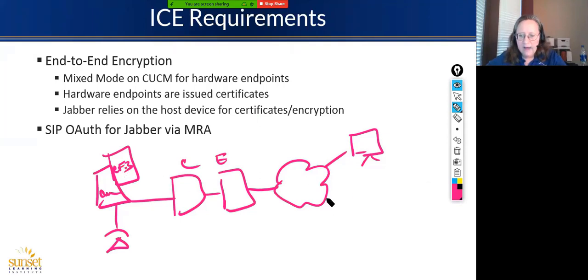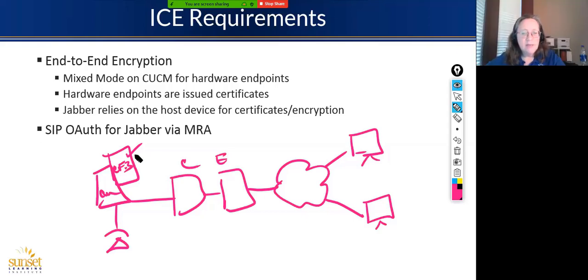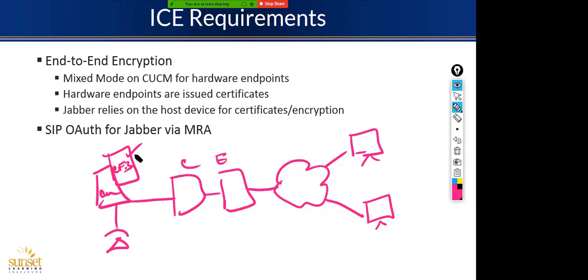If though I have two endpoints out here, and especially if you want to do video conferencing, then how do I get them to get to this conference bridge? By default, they will go through this conference bridge. But what you can also do is have what's known as a trusted relay point. If you've ever set up a conference bridge, I don't know if you've ever seen that checkbox right there. Again, there's more to do with that.